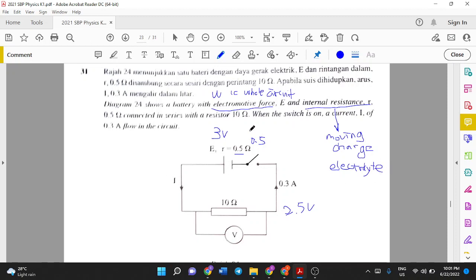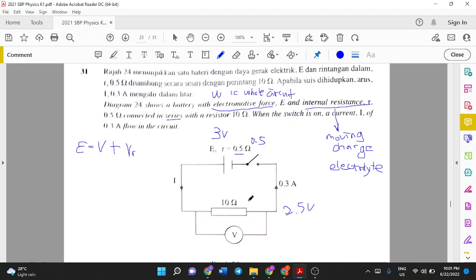So understanding this, we can get a formula. E, representing the electromotive force, equals the voltage, which is your potential difference, 2.5 volts for example in this case, plus the voltage loss due to internal resistance. The current flowing here will be the same because this is a series circuit.